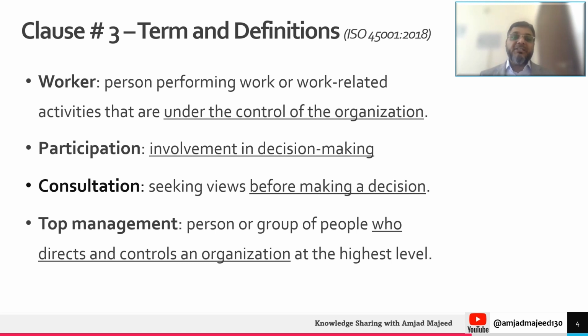They will give us the right input, which will be more practical, and it will help us to formulate a system which is easy to use, practical and can be followed as well. That's the reason participation is very important. So it is engagement or involvement while we are making the decision.